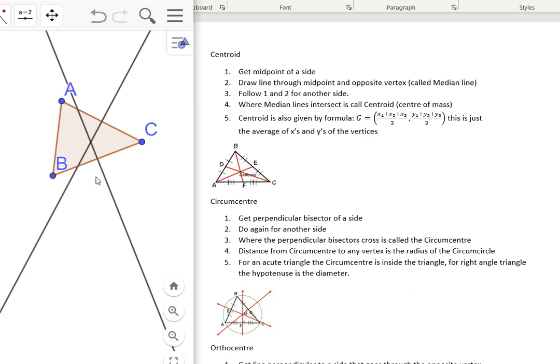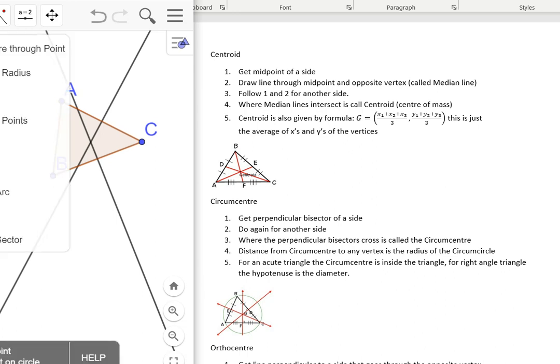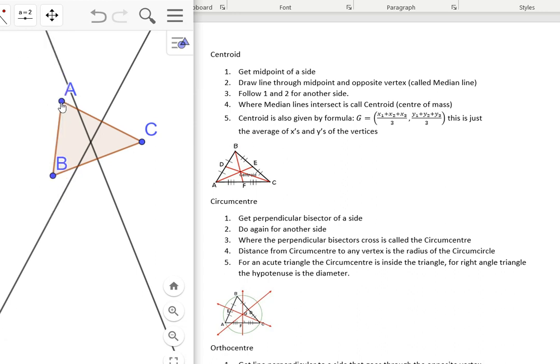An implication of that is that the radius of that circle is going to be the distance from this point of intersection of our two lines out to any of the vertices. So this distance is the same as this distance, is the same as this distance, because they're all the radii of the same circle. And let's draw that circle in here.